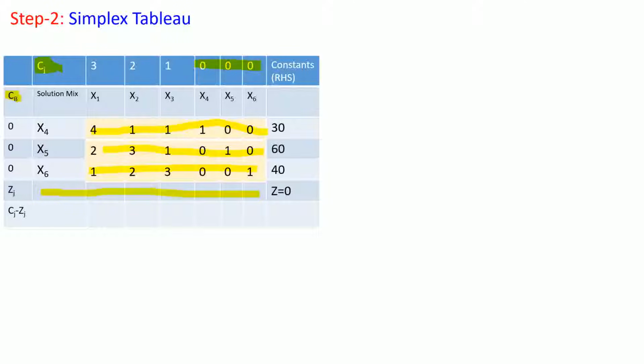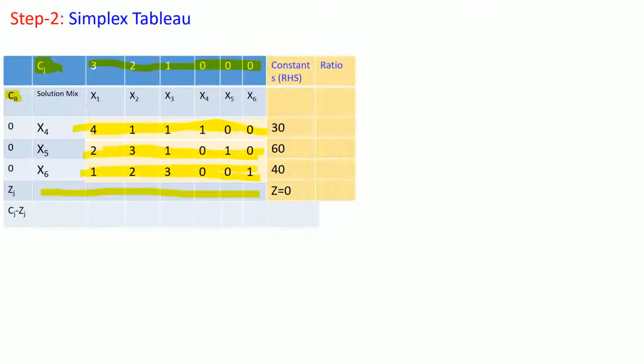The first row is the coefficient of the objective function, and the next rows are the coefficients of the first, second, and third constraints. And here we also calculate the ratio, and later we will see it.